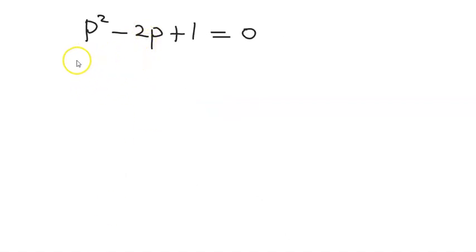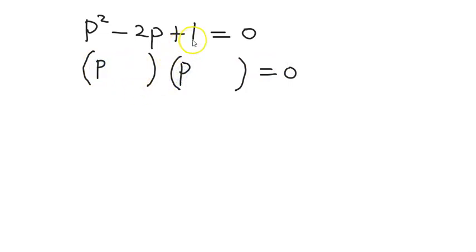Good. So solving this equation quadratically now, open two brackets, equal to 0, put a p here, put a p here. Now 1 times the coefficient here, which is 1, is 1, and here I have minus 2. What are the two numbers I will multiply that will give me positive 1, that if I add them up, will give me negative 2?